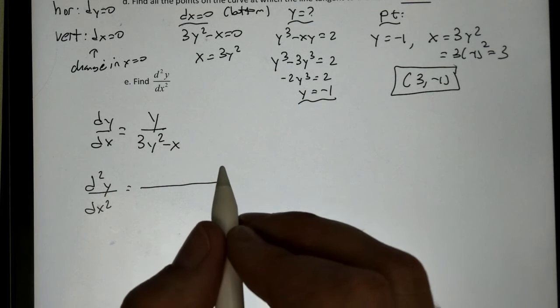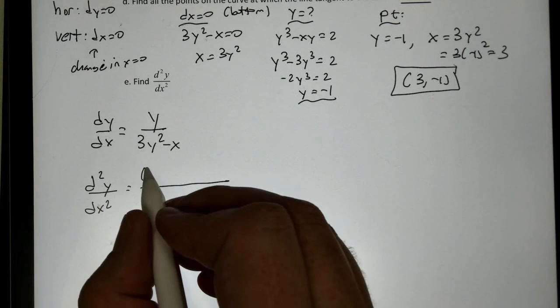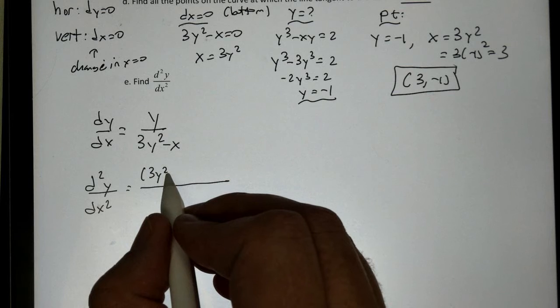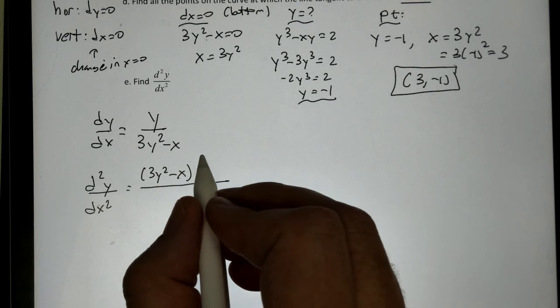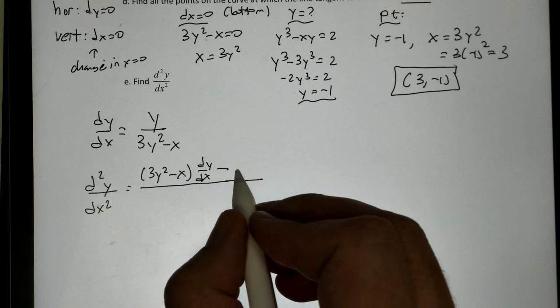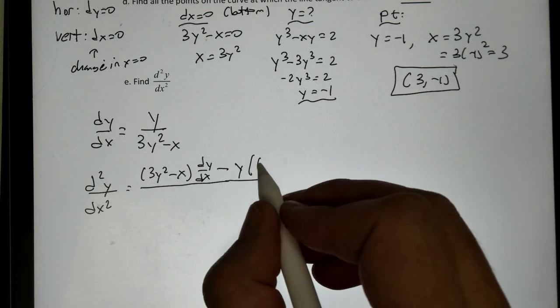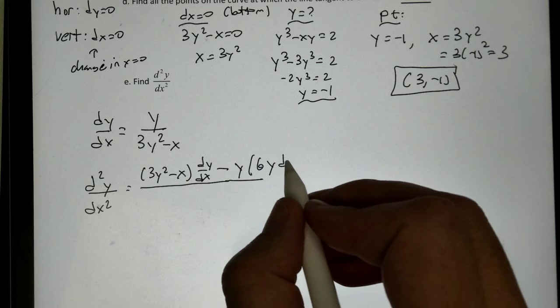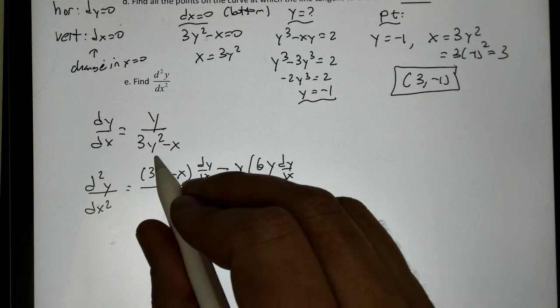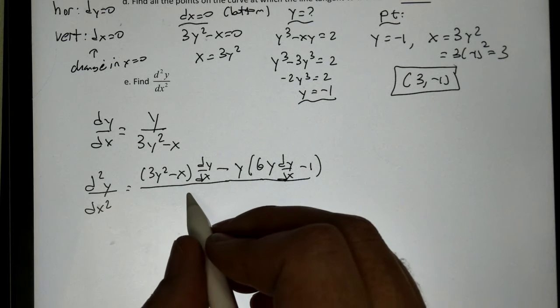We're going to use quotient rule here: low, which is 3y squared minus x, d high, which is dy/dx, minus high times the derivative of the bottom. Be very careful: 6y dy/dx, I'm taking the derivative of y, minus 1, all over the bottom squared.